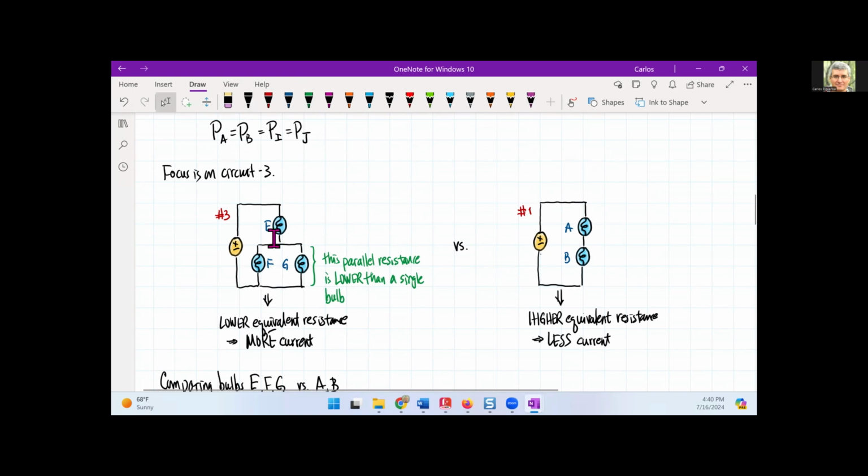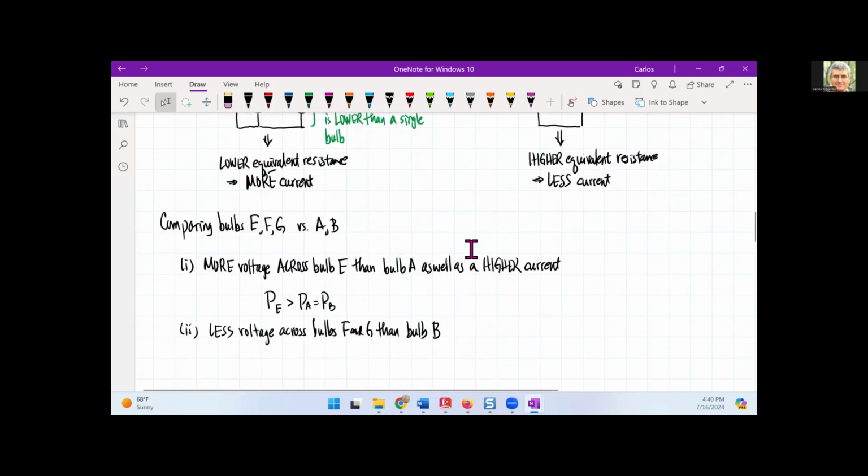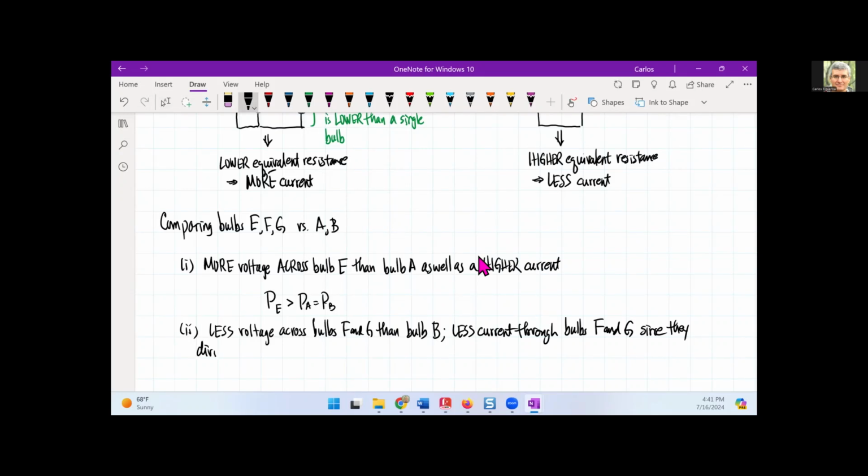The current divides into F and G. So as a consequence, there's going to be less current through bulbs F and G, since they divide the current.